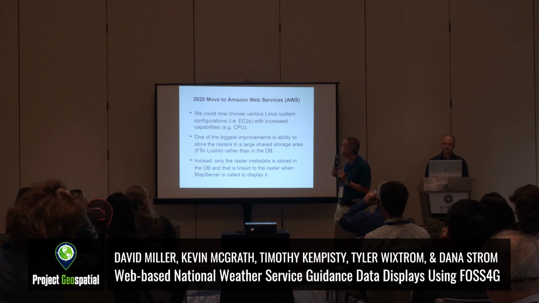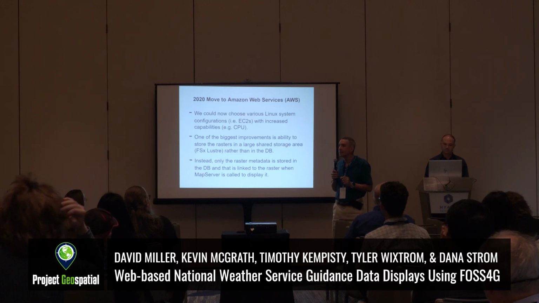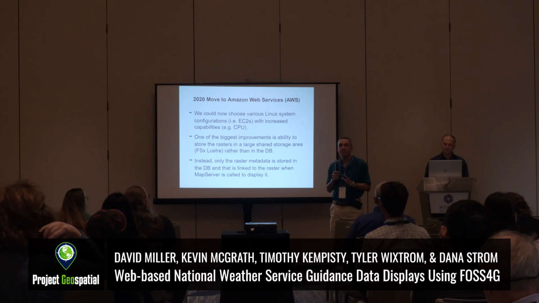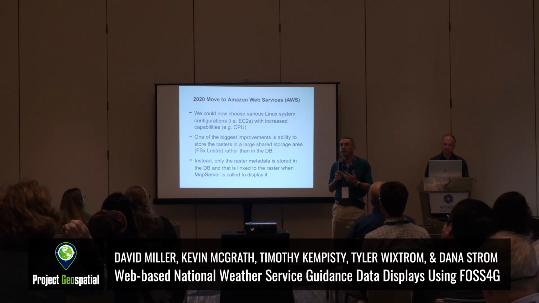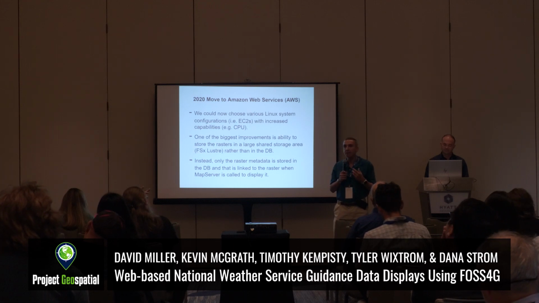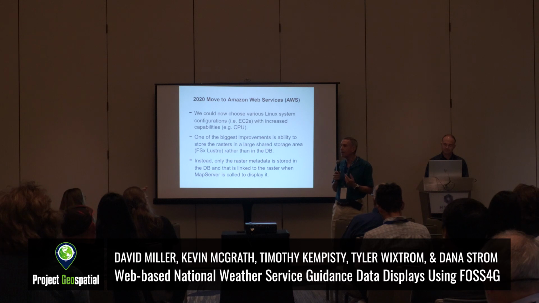We moved into using Amazon Web Services because of the problems that we encountered with the initial release of the viewer; we didn't really control the systems that they were on. With Amazon Web Services, we're now able to use those services, expand speed, whatever capabilities, the different types of Linux operating system.